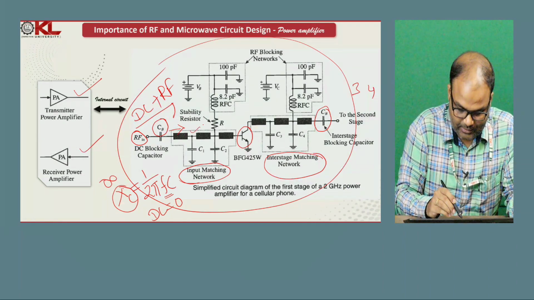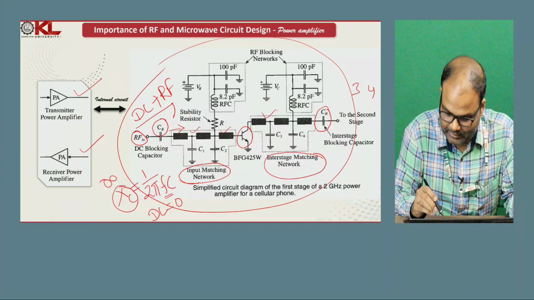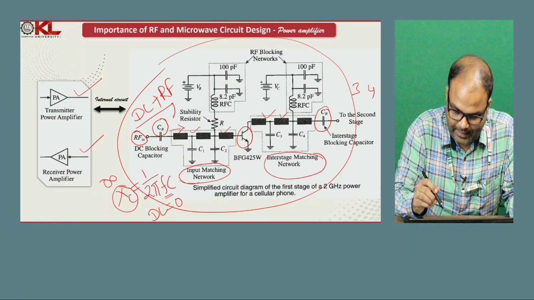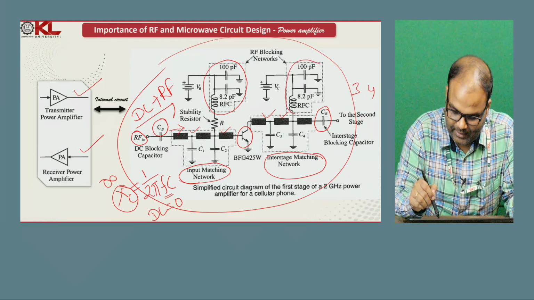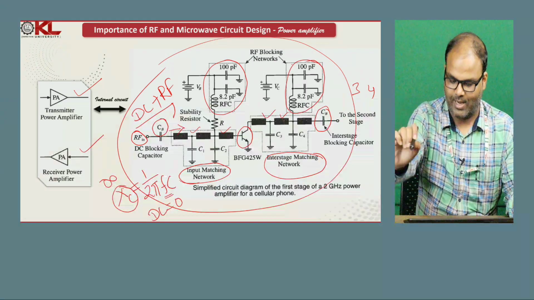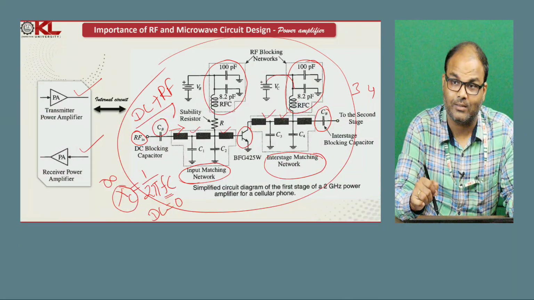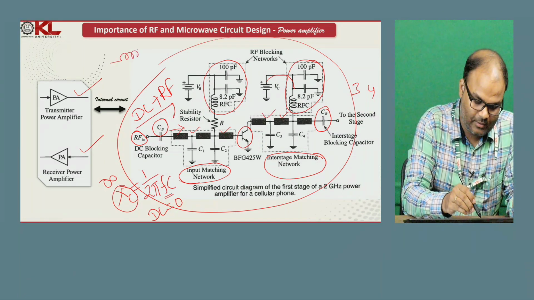After that we are using some filters for the matching network. Here also the same concept: these are known as RF blocking networks, and these are inductors. They block the RF signal, because we are giving the DC signal here. How do they block it? By inductance. We know XL equals 2 pi FL.